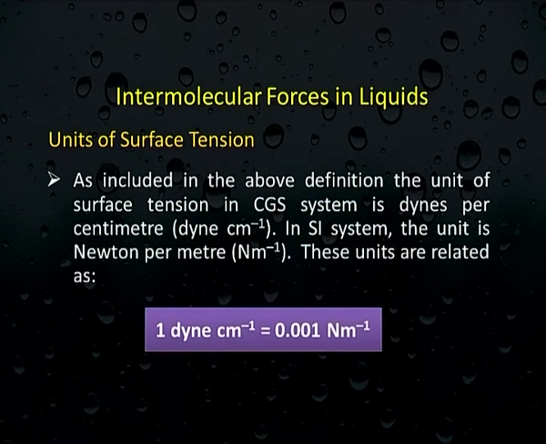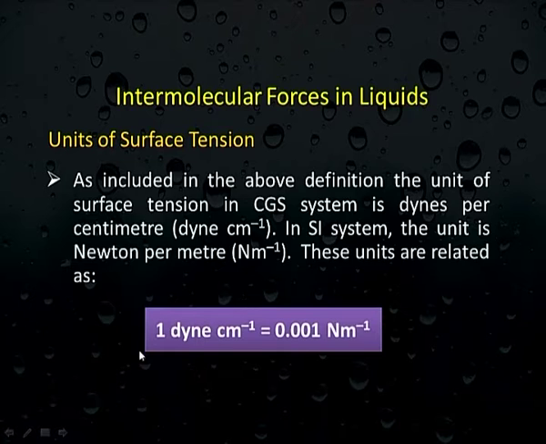From here we can derive the units of the surface tension. As is clear from the definition, the unit of the surface tension in the CGS system will be dynes per centimeter, and in the SI system the unit will be Newton per meter.